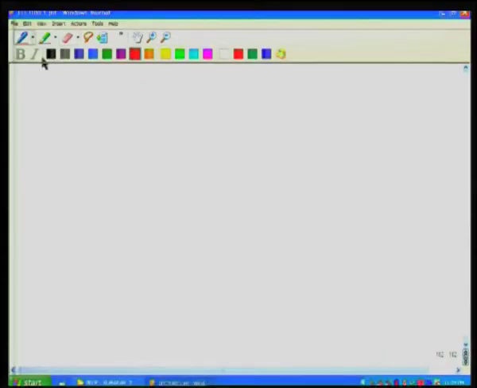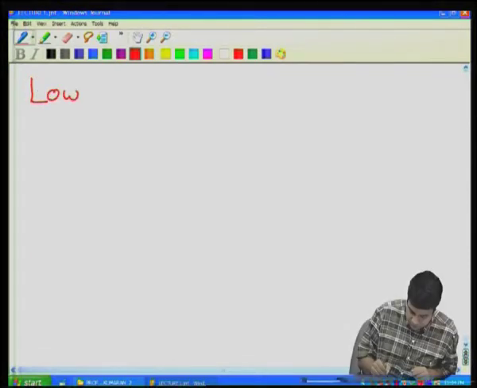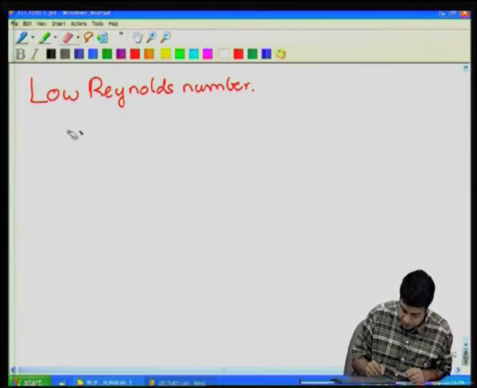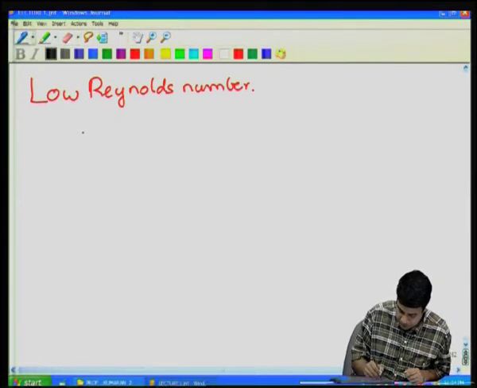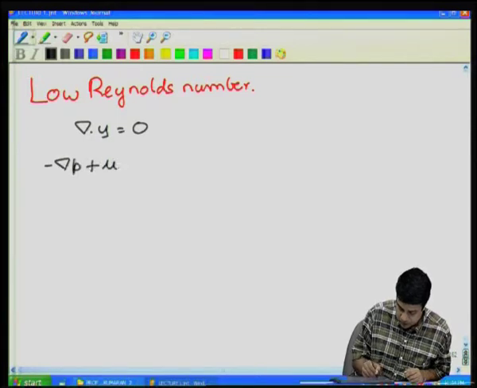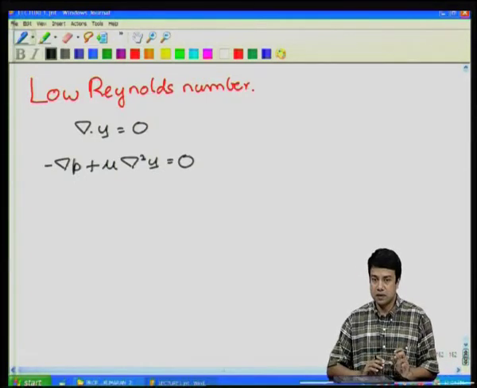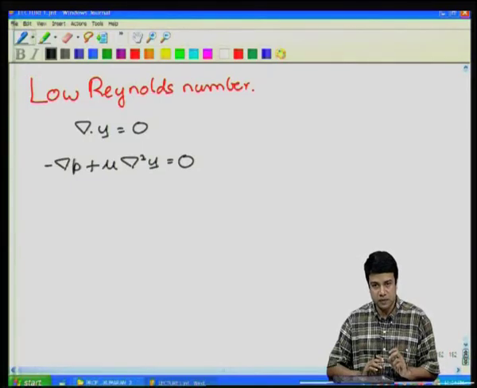So, the conservation equations were the divergence of velocity, del dot u is equal to 0, minus grad p plus mu del square u is equal to 0. Limit of small Reynolds number, inertial forces are small compared to viscous forces. Alternatively, convective transport of momentum is small compared to diffusive transport of momentum. Therefore, the flow is dominated by diffusion.